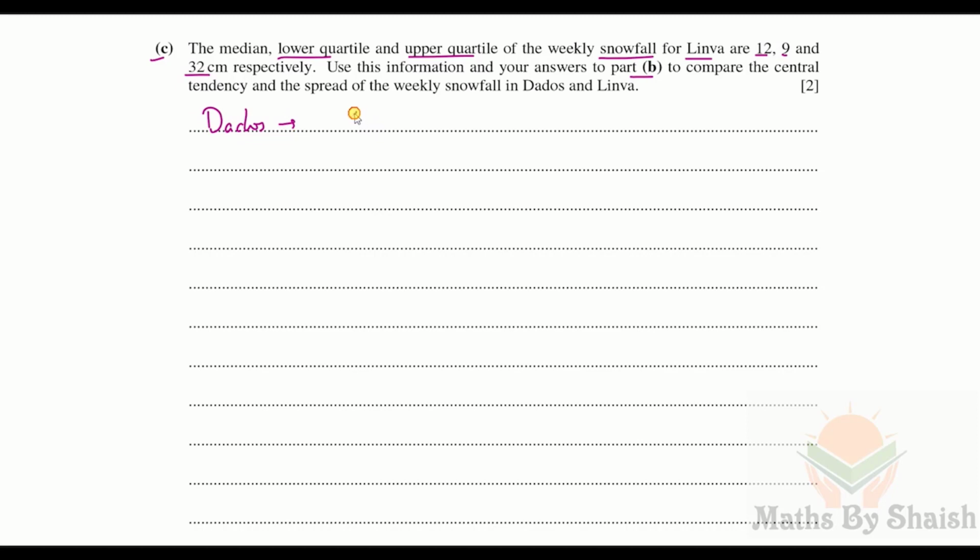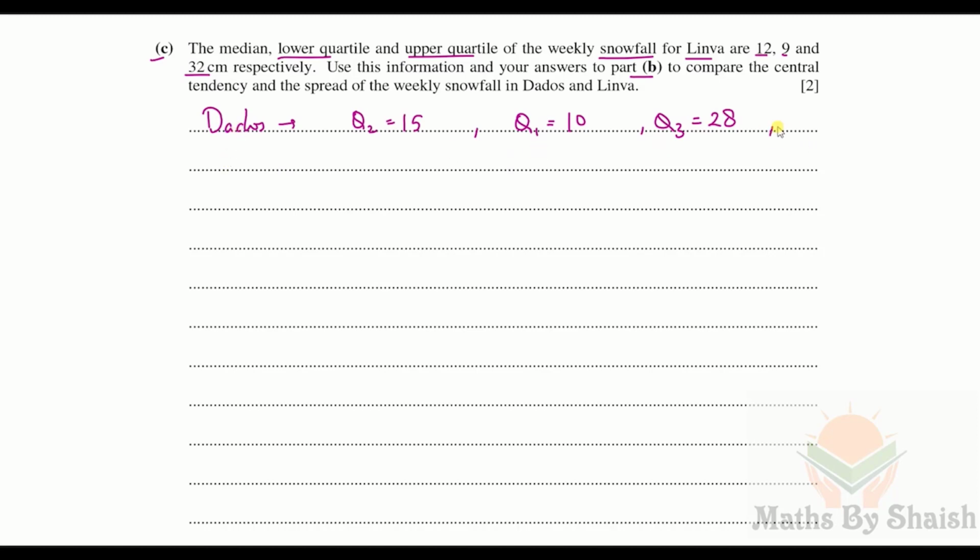median means Q2 is 15, Q1 that is lower quartile, that was 10, Q3 that is upper quartile was 28, and interquartile is not required here.